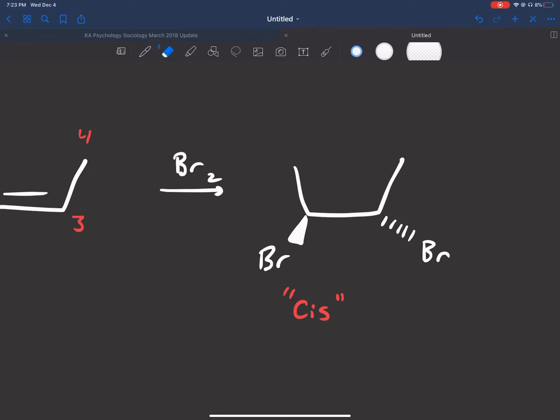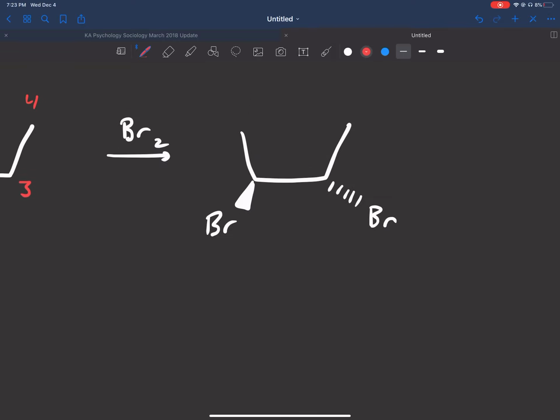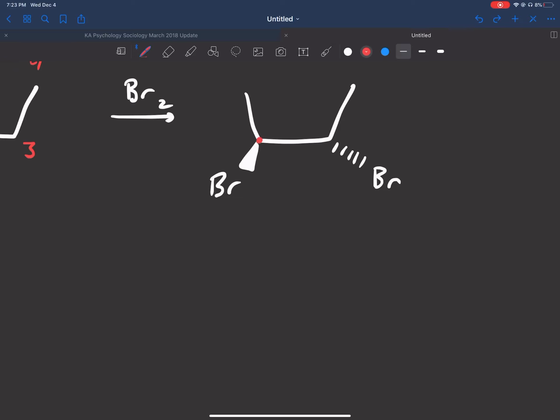Now you can pick any of these bonds, it doesn't matter. So let's say I'm just going to rotate the carbon right here. All right, I want to keep the other one the same. Or actually, let's do the other one. It's probably easier to visualize for the product that they're giving. So I'm going to keep the one in blue the same.